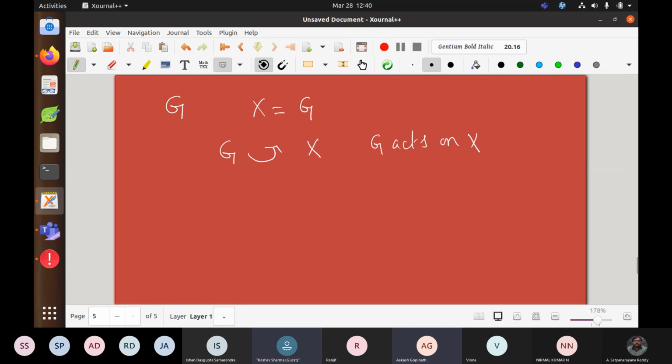The normal operation. Yes, g dot x is defined as simply gx, left multiplication. Very good.